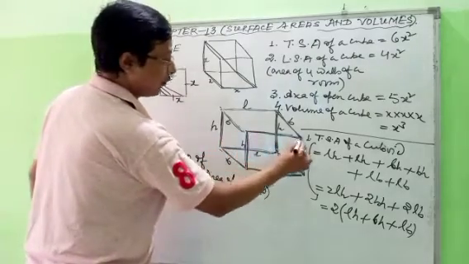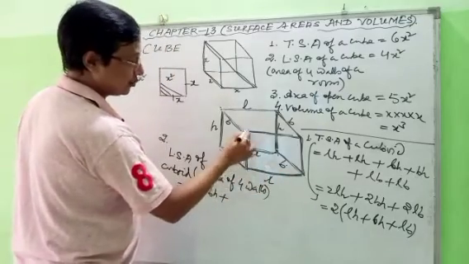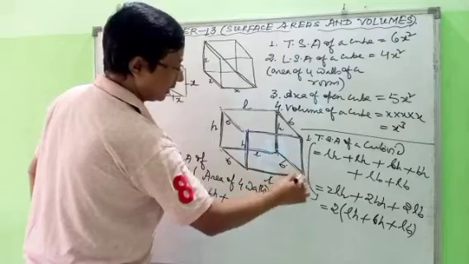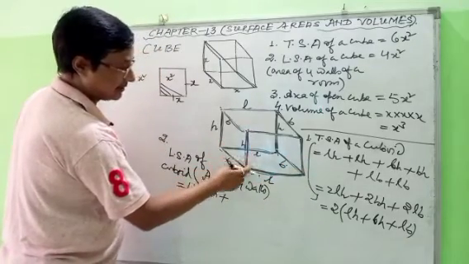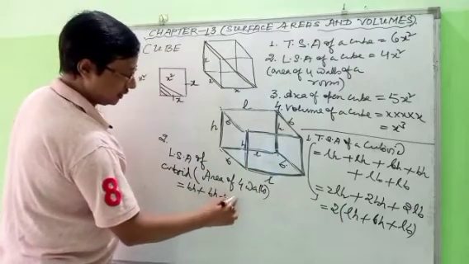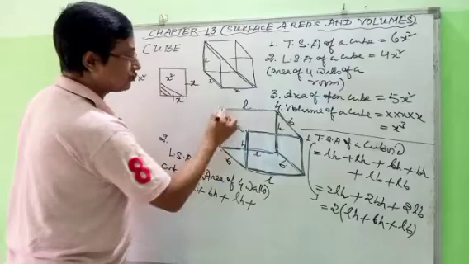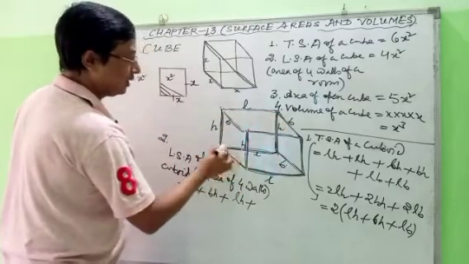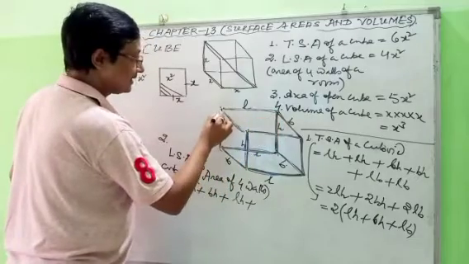you take this wall. So this one, front wall. So here the dimension is length into height. So it is length, this is the height. So LH. So length into height plus, so you take the opposite. This is the opposite wall, where this is the length and then this is the height.